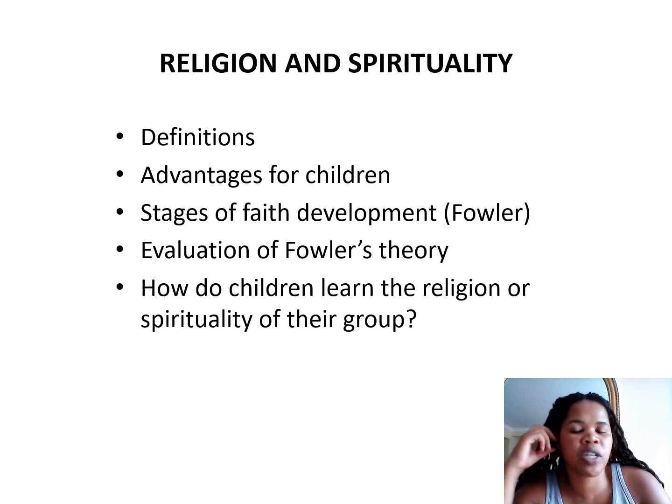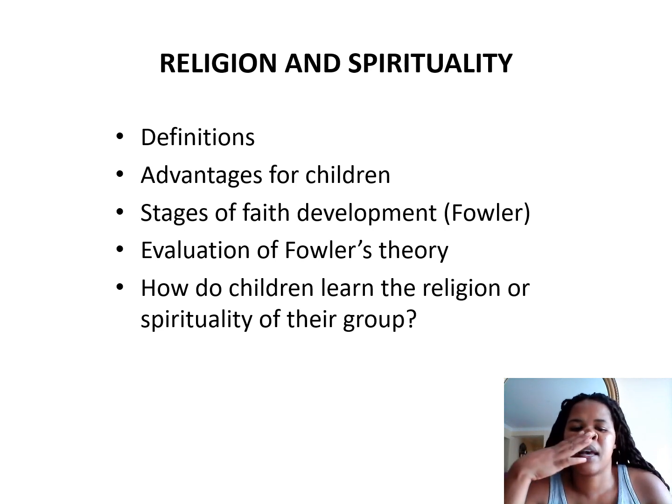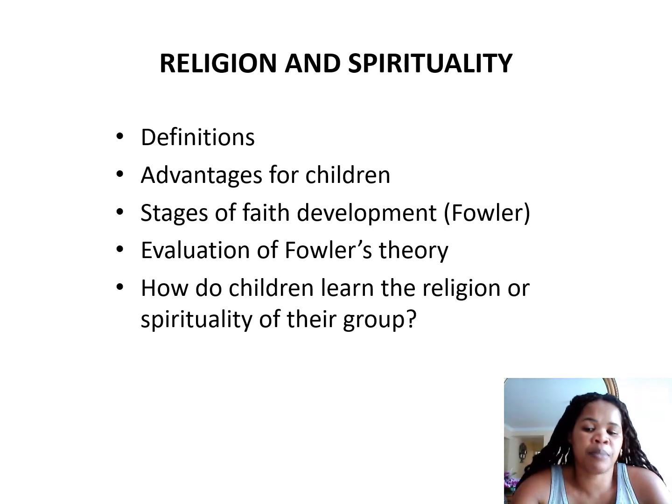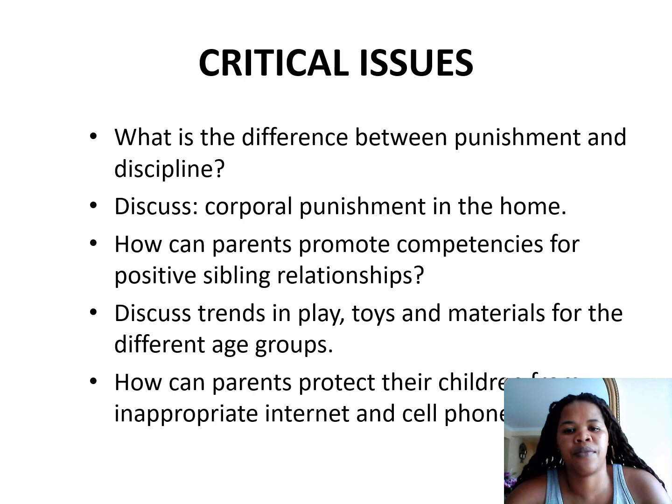Of course, religion and spirituality are very good and they pose an advantage for a lot of children. They learn how to socialize. It also helps to enhance their moral compass. And sometimes some children who are gifted may find that religion and spirituality support that fact.